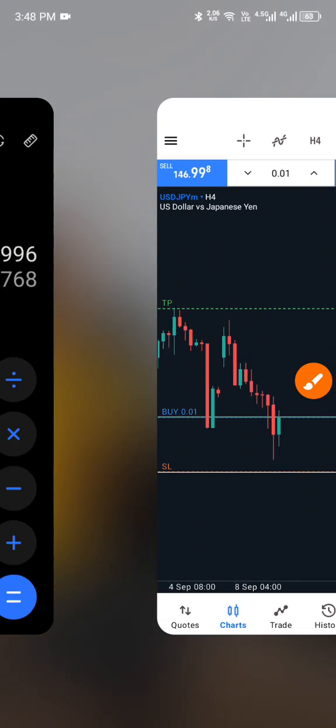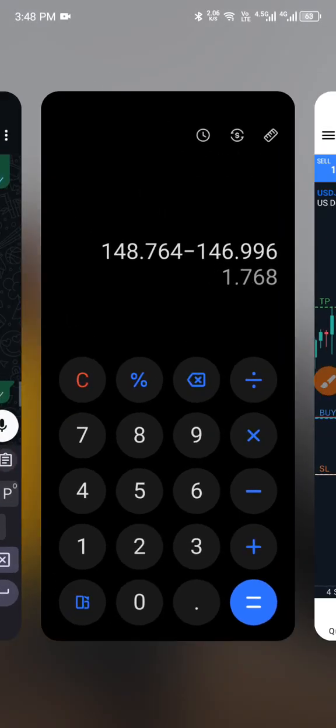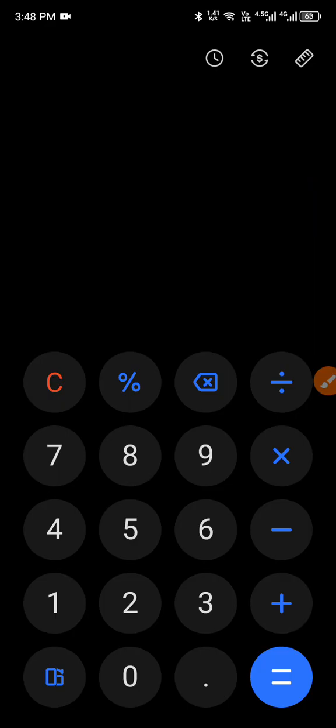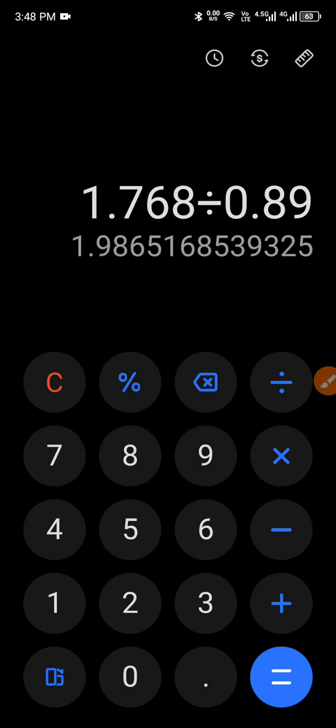So let's do the math. Go to my calculator. To calculate the risk to reward ratio, you simply divide your reward by your risk. The reward is 1.768 divided by your risk, which is 0.89. This gives you 1.9.